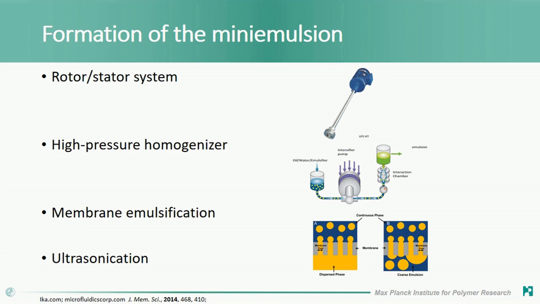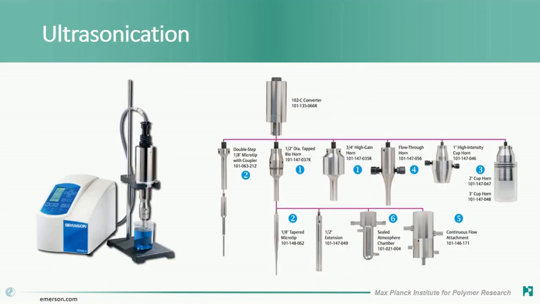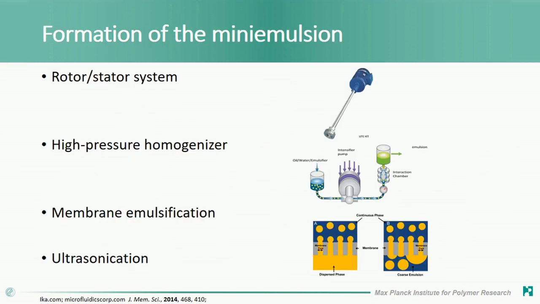So the key step is really how to form this miniemulsion. So we could use different devices. We could use a rotor-stator mixer, which is basically just like the stick blender that you might have at home, but with a slightly higher rotation speed. We could use a high-pressure homogenizer, where a pump will push the pre-mix system at very high pressure into an interaction chamber. This interaction chamber could be different things.